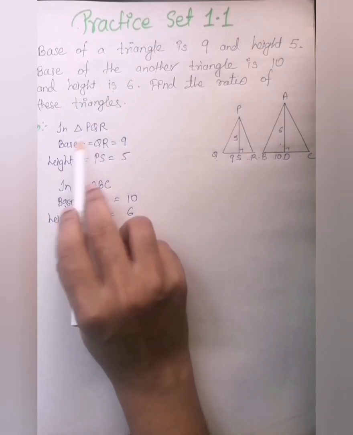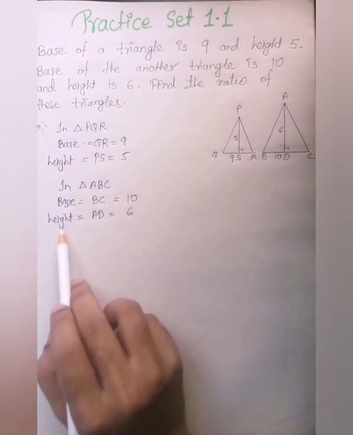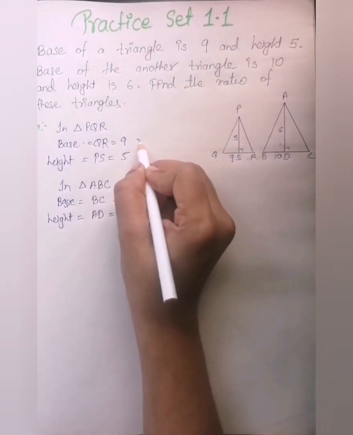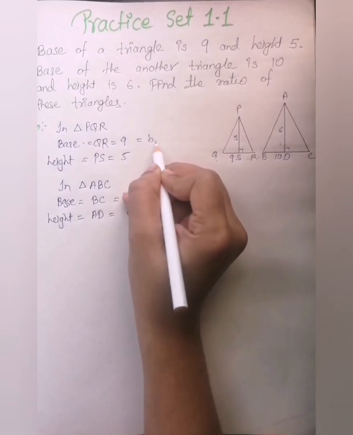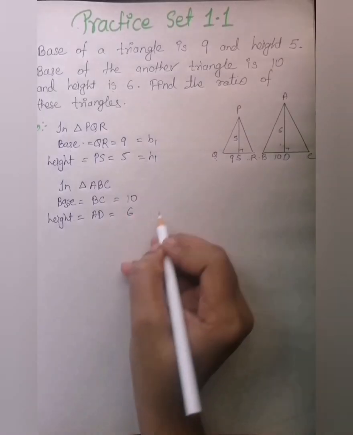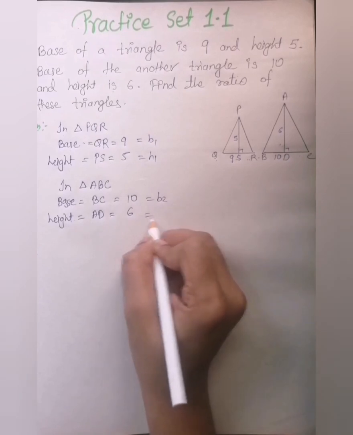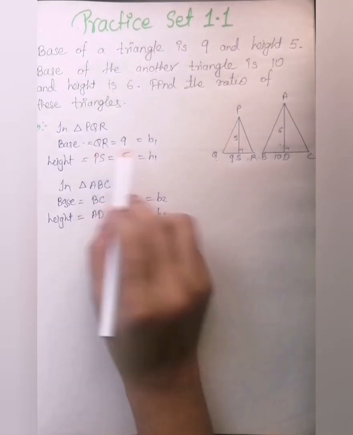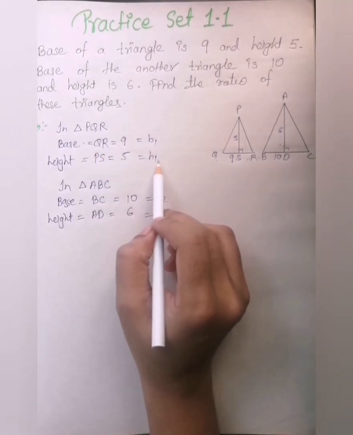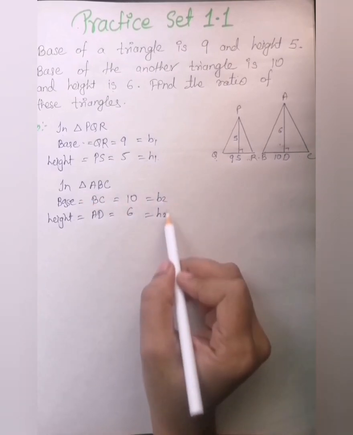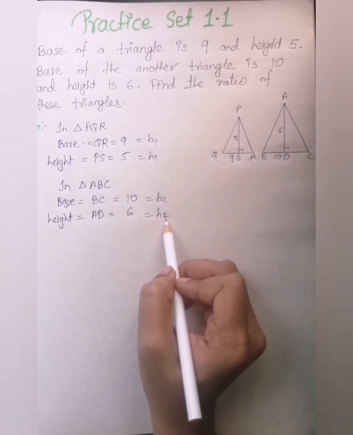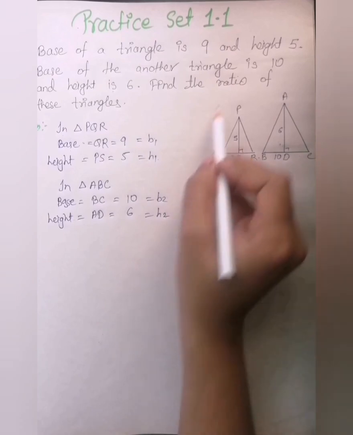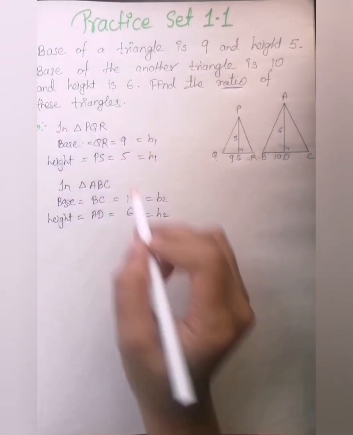So we have base and height in the first triangle, and base and height in the second triangle. For the first triangle we give B1 and H1, and for the second triangle we give B2 and H2.